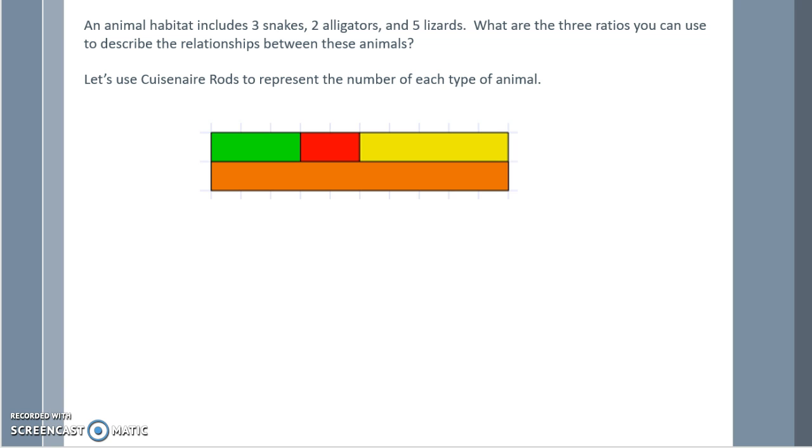I let the green one represent the snake. As you can see, it's 3 units long. The alligator is 2 units long, and the lizard is 1, 2, 3, 4, 5 units long. And I let the orange rod be the total number of animals there are, so there's 10 of them.